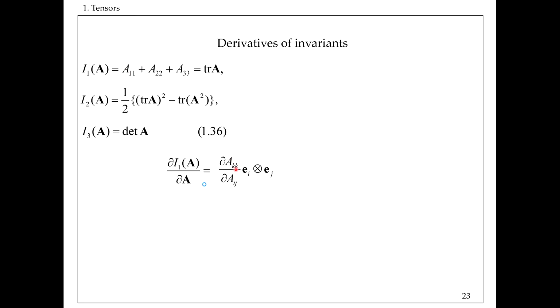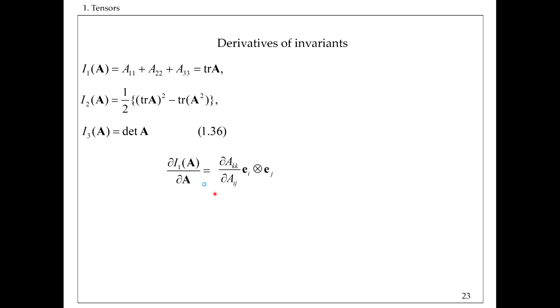Just a reminder, if we haven't gotten used to this by now, when we have the repeating indexes kk, it means a summation of 1 1, 2 2 and 3 3. So that is exactly this summation here. But nevertheless, this is just a scalar, just a number. And when we take a derivative with respect to tensor A, this is our structure here, how we wrote it. This is how we also defined what it would mean, right?